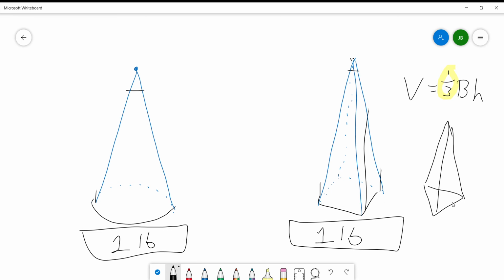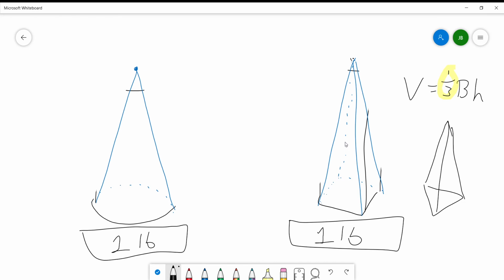So the base on this one is a triangle, the base on this one is a square. So we have the area of this square, length times width, plus this triangle, 1/2 length times width, but that triangle is multiplied by 4. I have 4 of that triangle. You see?